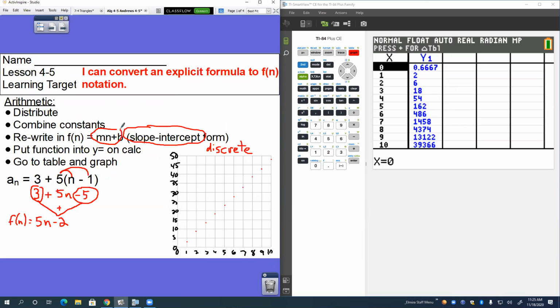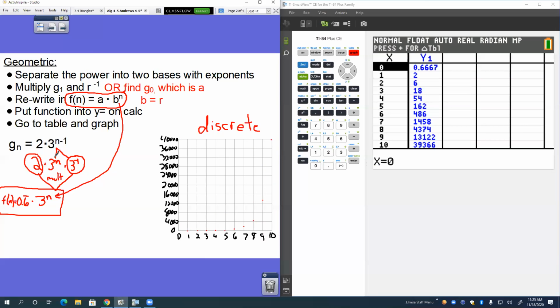For our geometric, we split our 3 to the n minus 1 into 3 to the n and 3 to the -1. Then we multiply together our like terms, which at the end are just plain numbers. So 2 times 3 to the -1, that's where we get this 0.6 repeating. We just bring down that 3 to the n power.